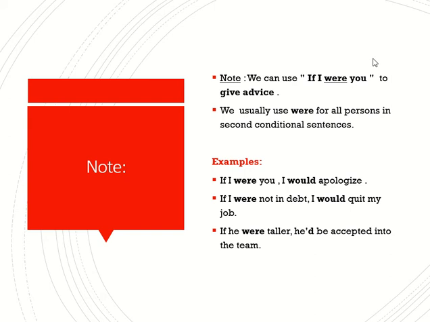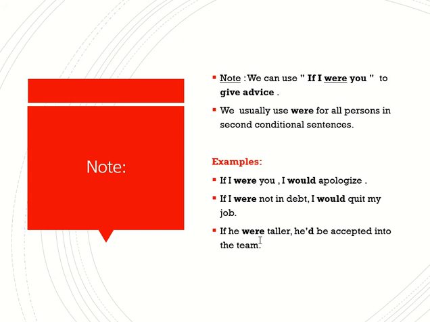With all persons, you have to use were. Don't use was here. We use it as an expression to give advice to someone. Examples: if I were you, I would apologize. If I were not in debt, I would quit my job.